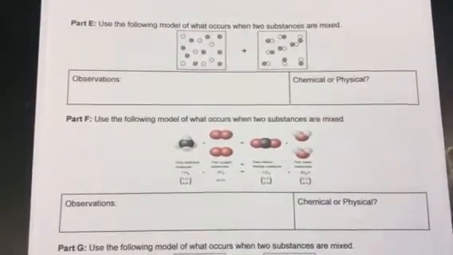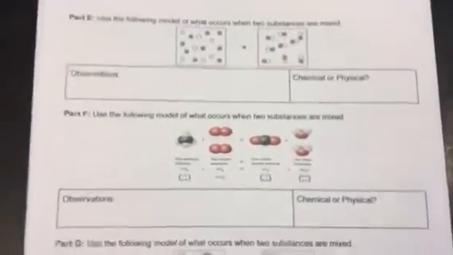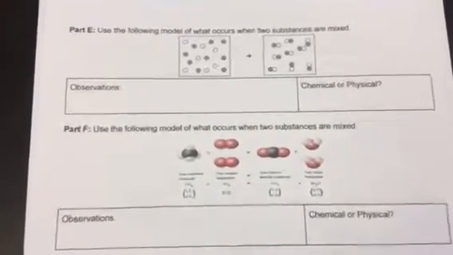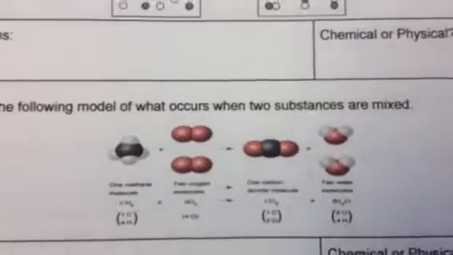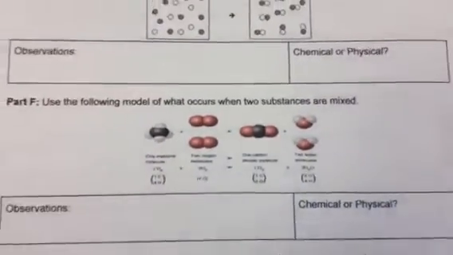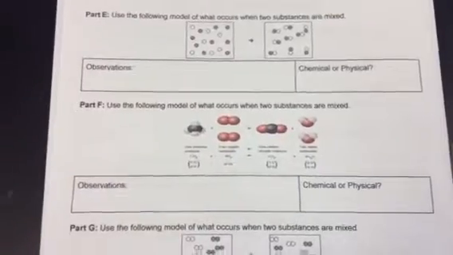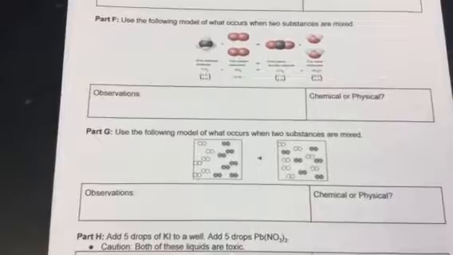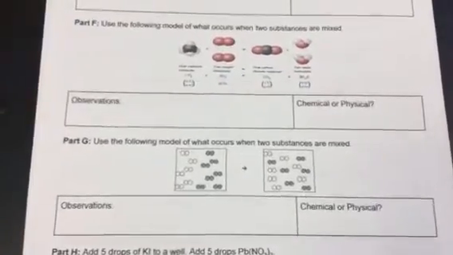Here's part F. And again, you can decide whether that is chemical or physical. I'll zoom in a little bit there so you can see what it says. And part G. It's another picture.